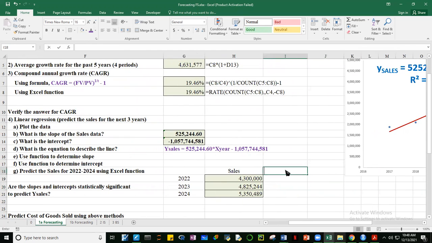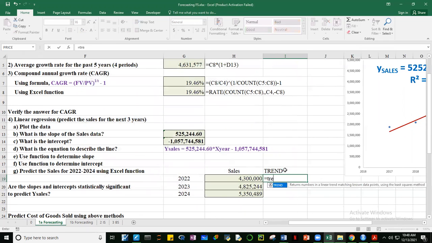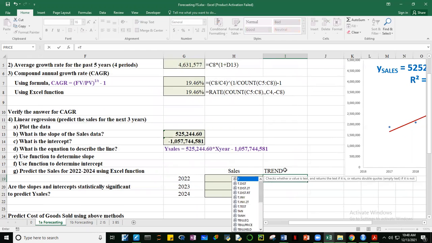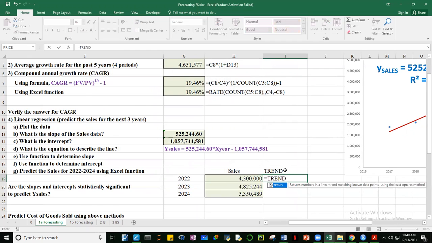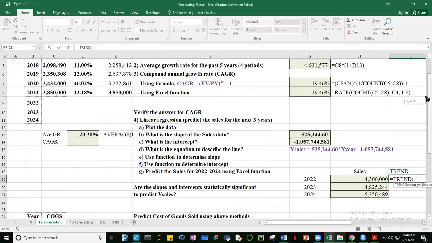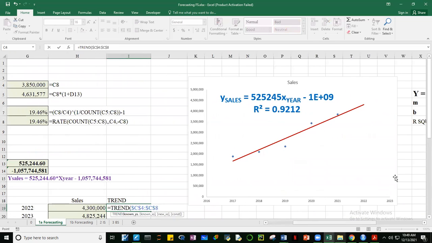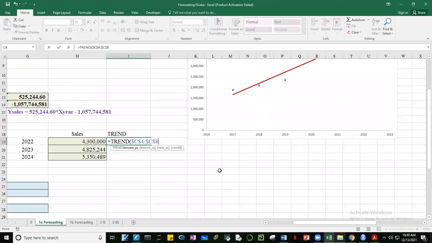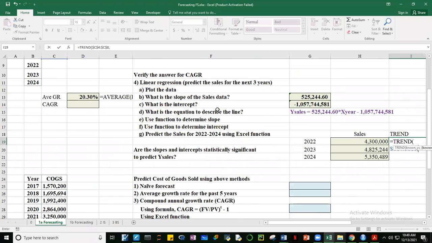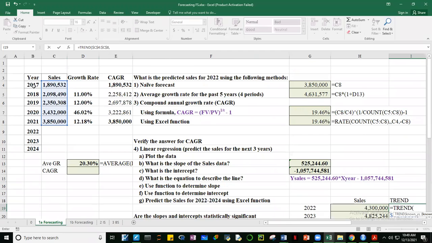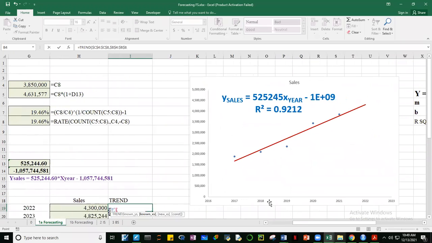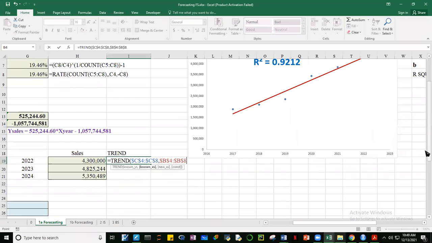Or we can use the TREND function, which we mentioned earlier. TREND equals trend. The known Y's are our sales. Fix it, because we'll copy it down. Comma. Known X's are 2017 to 2021, fix that. Comma.